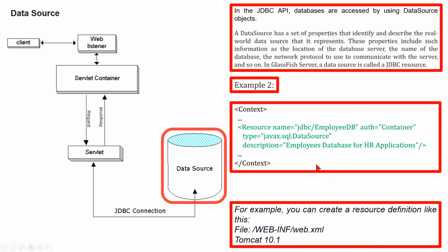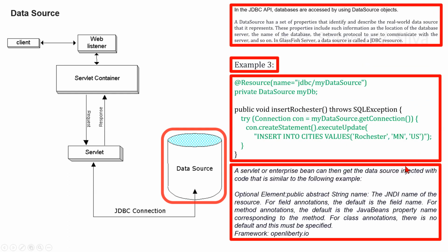And as an example too, we can consider this. For example, you can create a resource definition like this. And this is in the file /WEB-INF/web.xml, and this is in Tomcat 10.1.